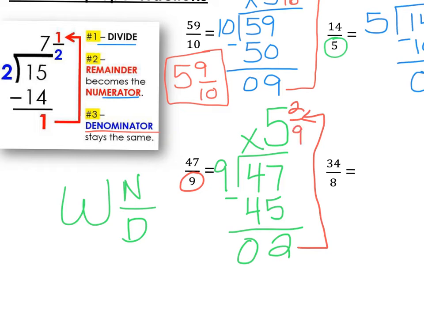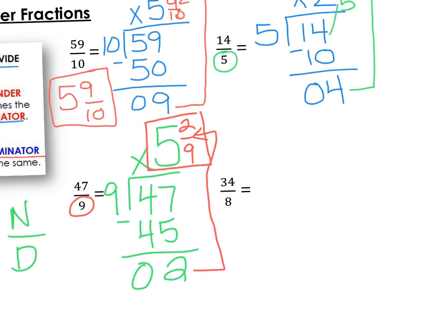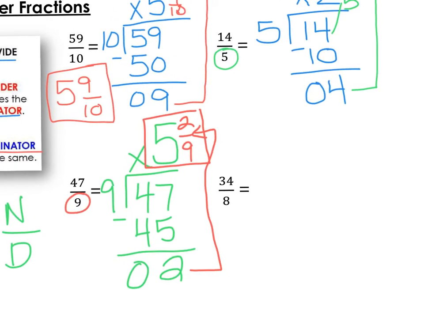So our answer would be 5 and 2 ninths is the mixed number for 47 over 9. All right, last one we're going to do. We're going to do 34 over 8, which is really 34 divided by 8.